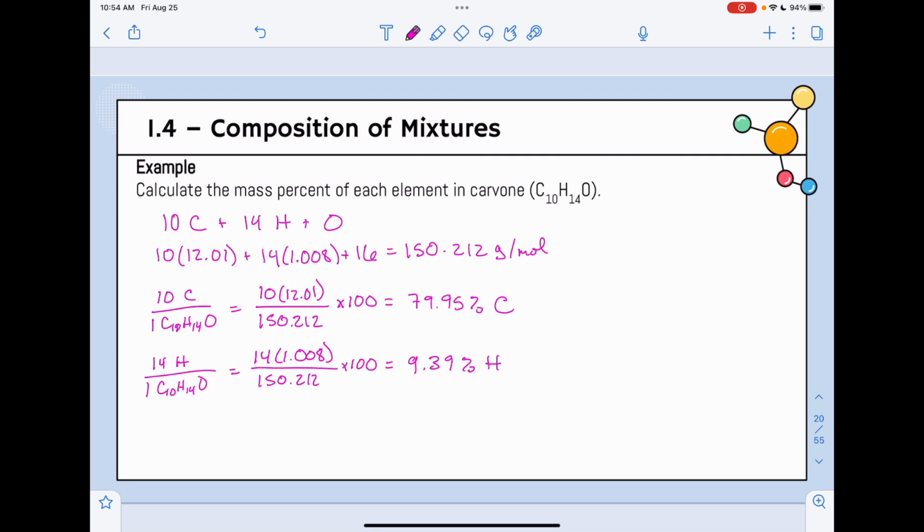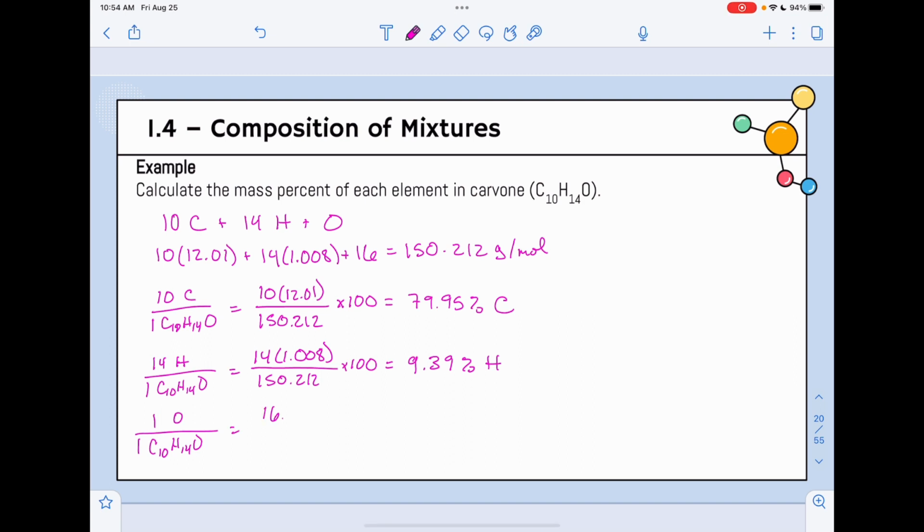Now, you could add these two up and subtract from 100 because the law of conservation of mass says that if these two make up our carbon and our hydrogen all together, whatever is left should be percent oxygen. But let's go ahead and do the numbers. I've got 1 oxygen for every 1 carvone.